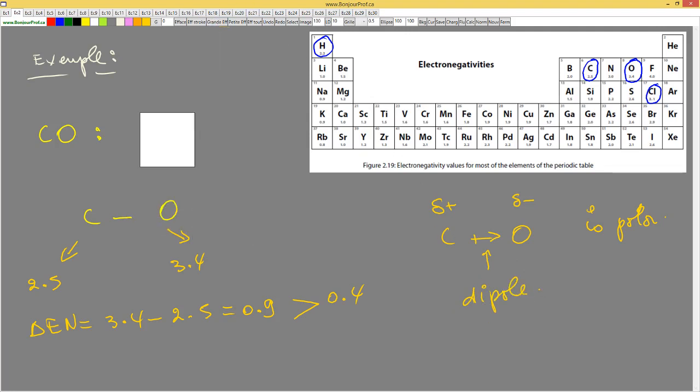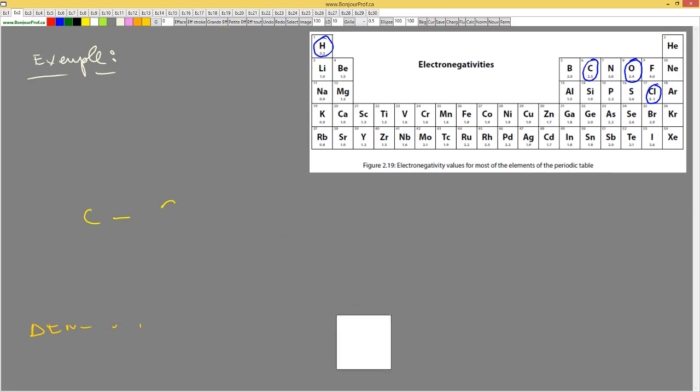Let's take another example. Let's take, for example, NaCl. Sodium with chlorine. So this bonding here, is it polar or not? We're going to write it here, NaCl.